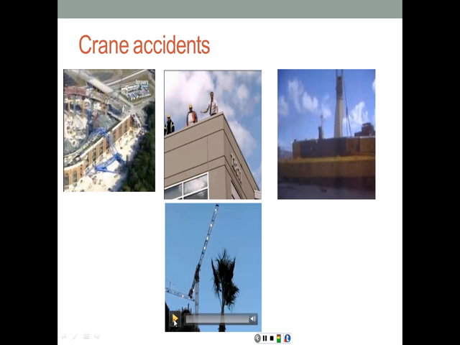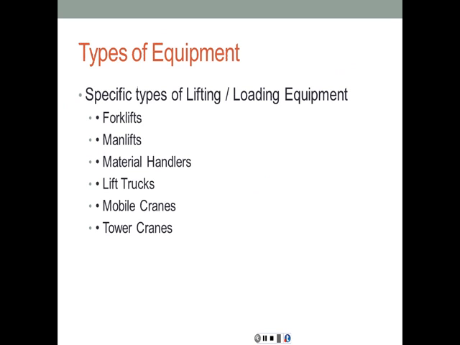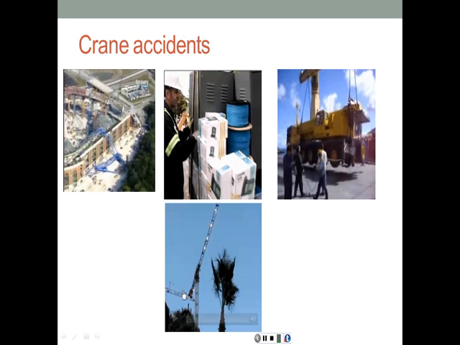And finally, here we have a tower crane, and the tower crane was erected to build a certain structure, and then there was a storm. Let's see if we're going to be able to play that clip. Let me go back and try to play the clip.